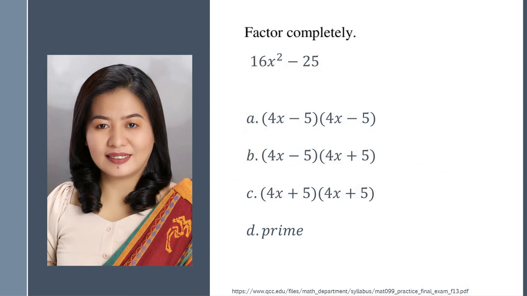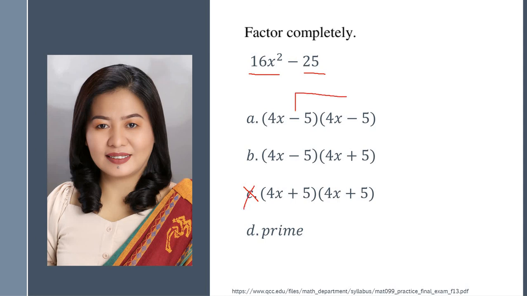Next. So this time we have two terms. A difference, 16x squared minus 25. 16x squared is a perfect square term and 25 is a perfect square term. So if you see two terms only, and the first and the last terms are perfect square terms, automatically, we'll have to eliminate the positive one, because it will not give us two terms.